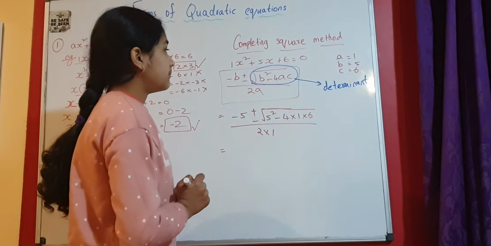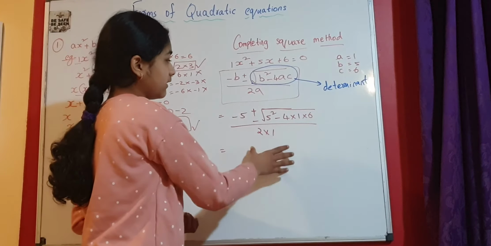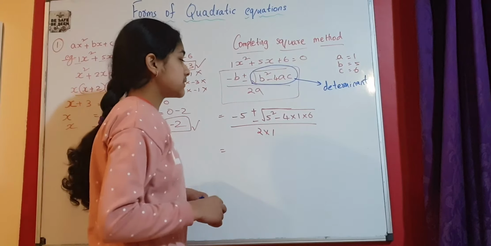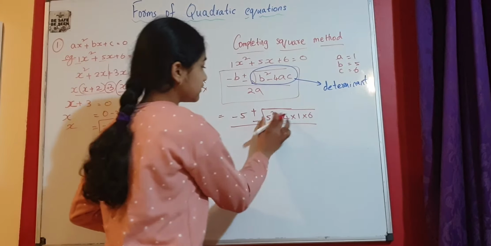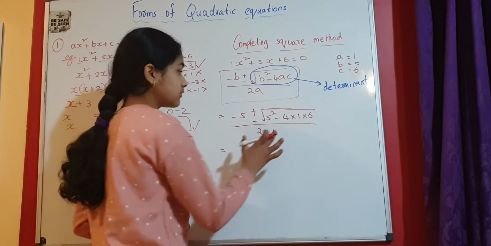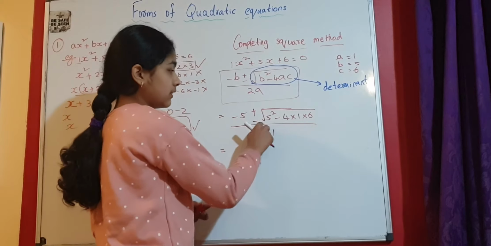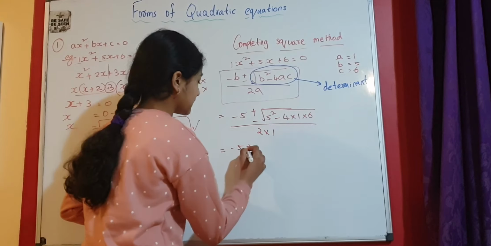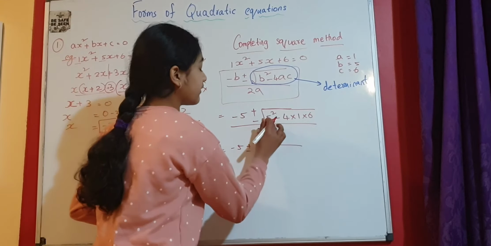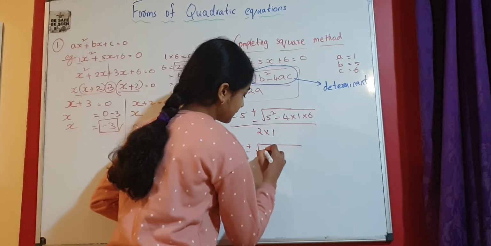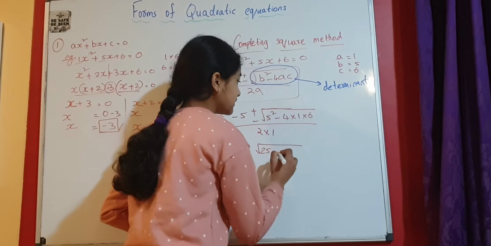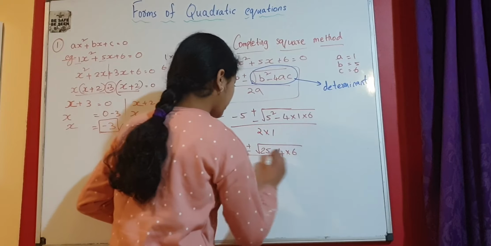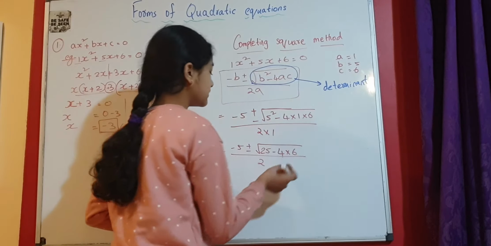So before proceeding, first we have to check what b square minus 4ac is. First we need to simplify this one, because in the BODMAS rule we know that we need to solve the square root first. So minus 5 plus or minus under root 5 square, which is 5 times 5 is 25, minus 4 times 1 times 6, upon 2 times 1, which is 2.